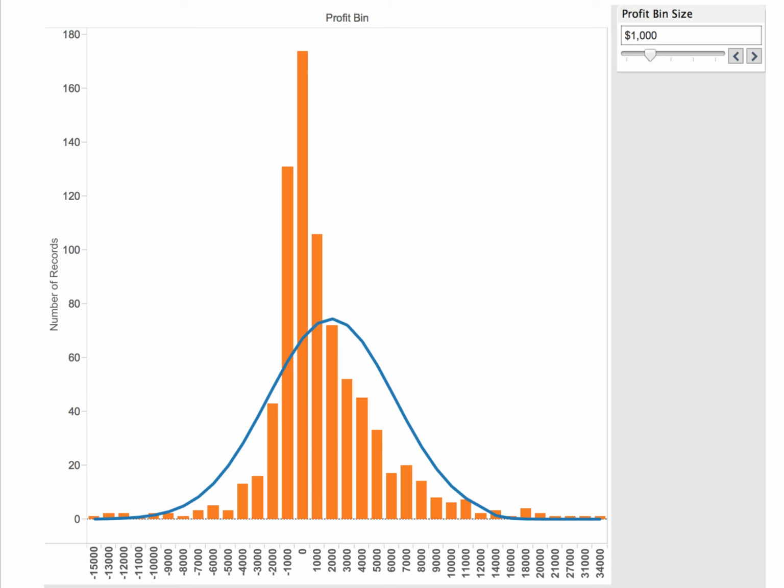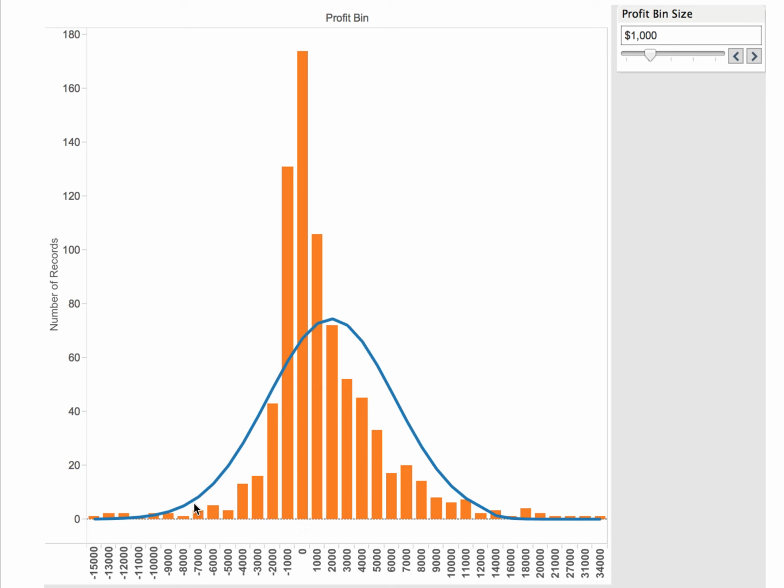So, for instance, the biggest thing I found when I just glanced at this, and you can see this, is that we have this really tall bar here. So what's going on with this big bar? Well, this big bar is representing the number of customers, which is the value on the y-axis over on the left, the number of customers that fall in the slice of zero profit.